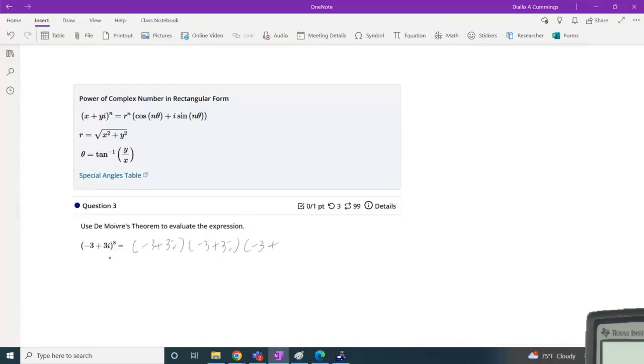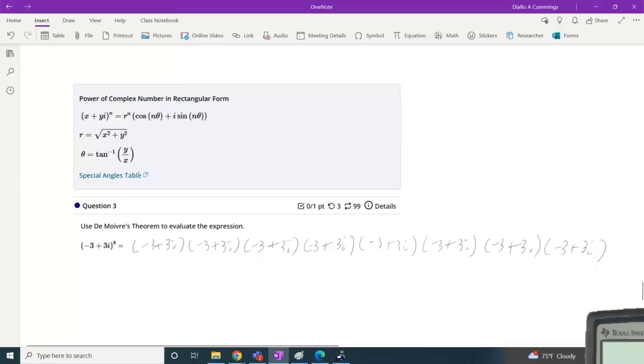Write that out 8 times. 1, 2, 3, 4, 5, 6. And you don't have to actually write this out. 7, 8. So now algebraically, that's what you would do. You would just take -3 plus 3i, and you will multiply that by itself 8 times. And that would probably take you some time to do.